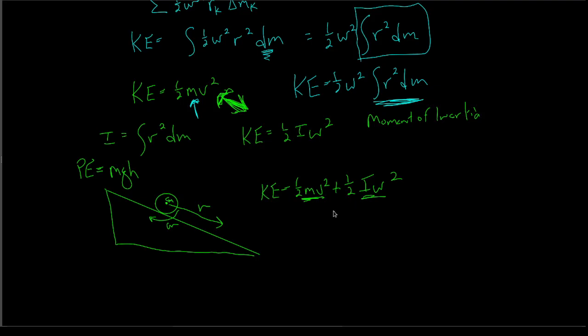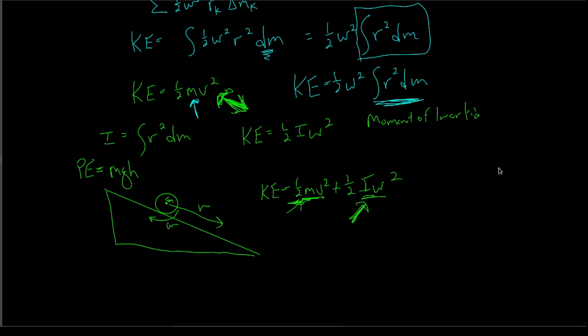And so different shaped rolling objects will develop different speeds because so much energy is going into the rotation versus what's going into the linear speed. And this is why you can have rolling objects that, even though they have the same potential energy, their motion down a slope will be different because of the energy that needs to go into rotation.